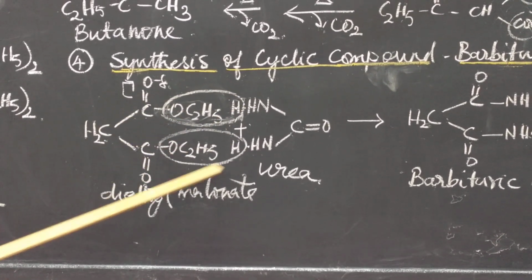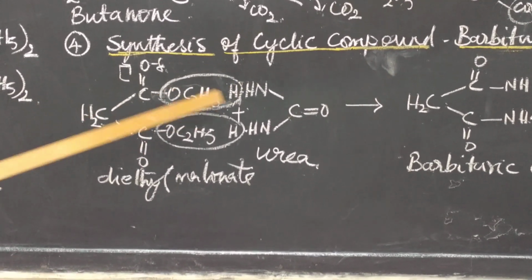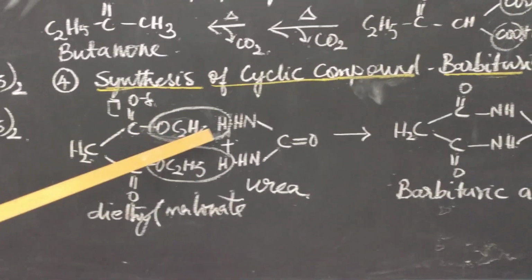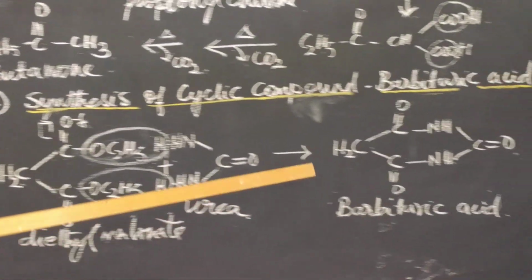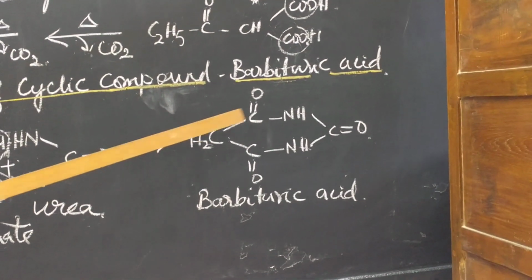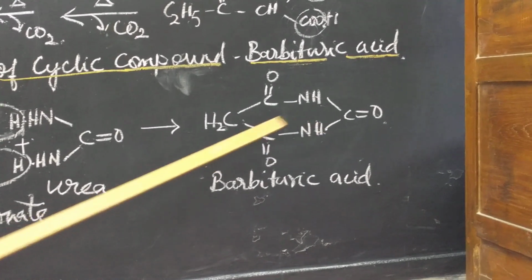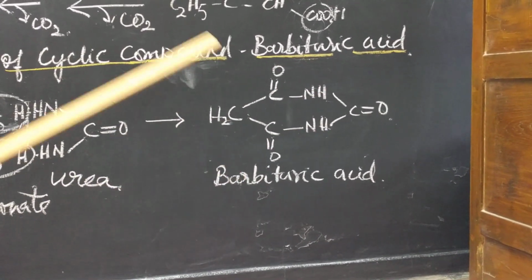Ethanol is leaving the molecule. Therefore, this condenses, so it forms a reaction wherein this NH is getting added to this position. Therefore, I have CH2, CO, NH, CO, NH, CO, that is your barbituric acid.